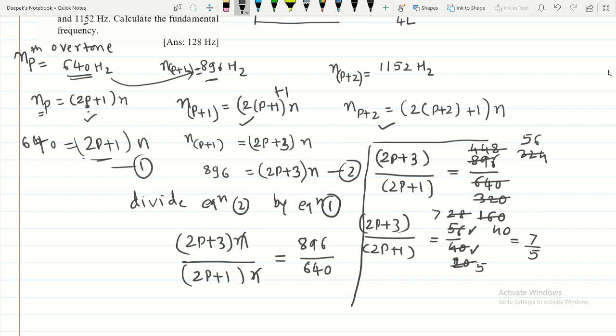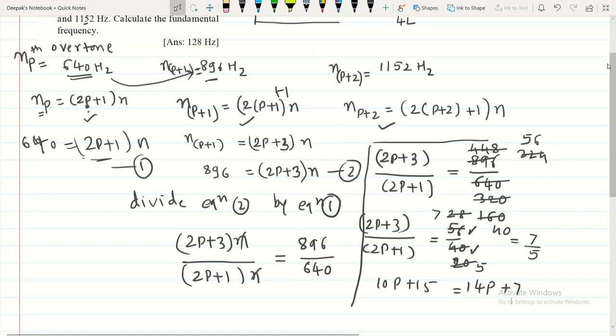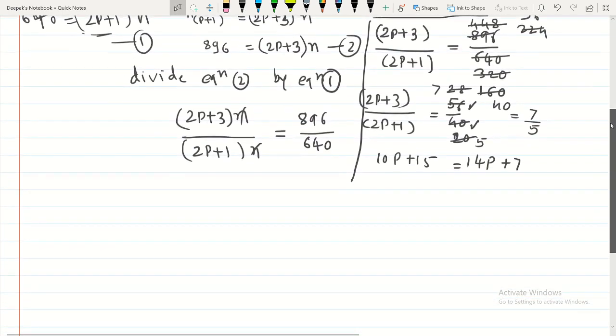Now cross multiply. 2p plus 3 into 5, that is 10p plus 15, will be equal to 2p plus 1 into 7, that is 14p plus 7, right? Take plus 7 to this side, take 10p to that side. Here this 15 I'm keeping as it is.